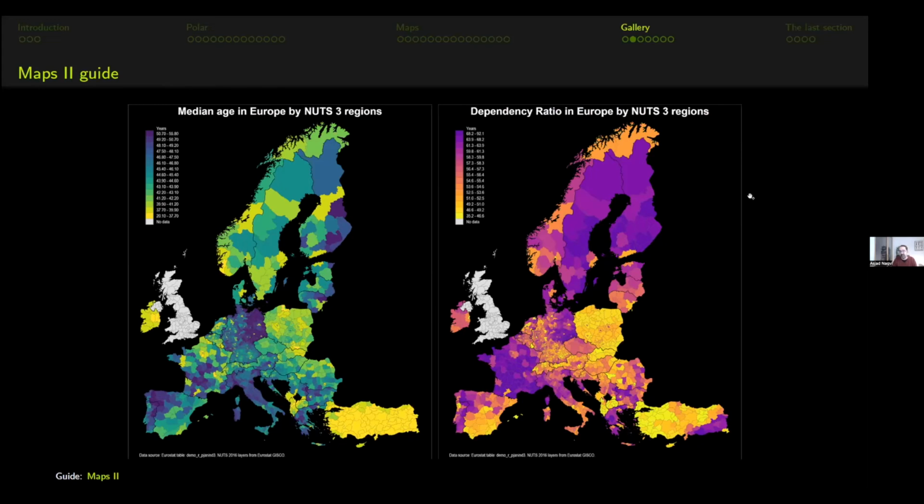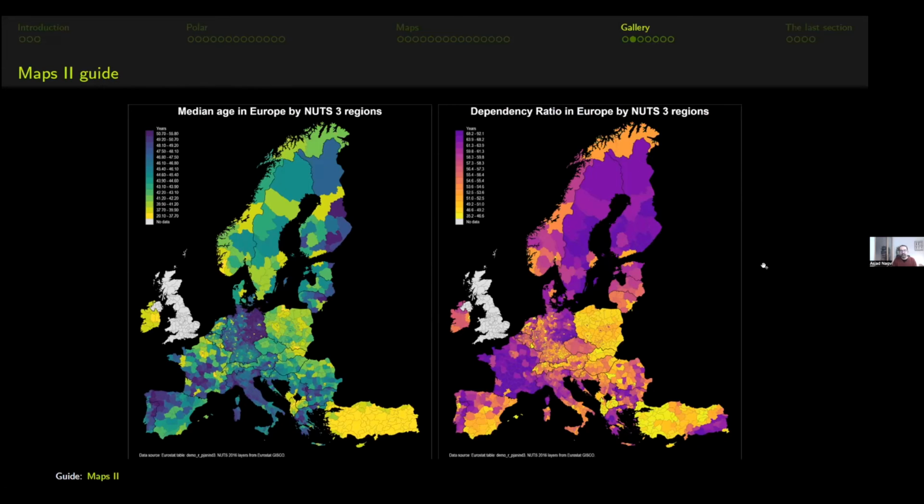Dependency ratio is the share of people over the age of 65 and under 15 as a share of working age population. So the idea here is to show that, for example, in East Germany, not only is the median age very high, the dependency ratio is also very high. Similarly, in parts of Italy. So this is just to do with the burden on the population in these regions.